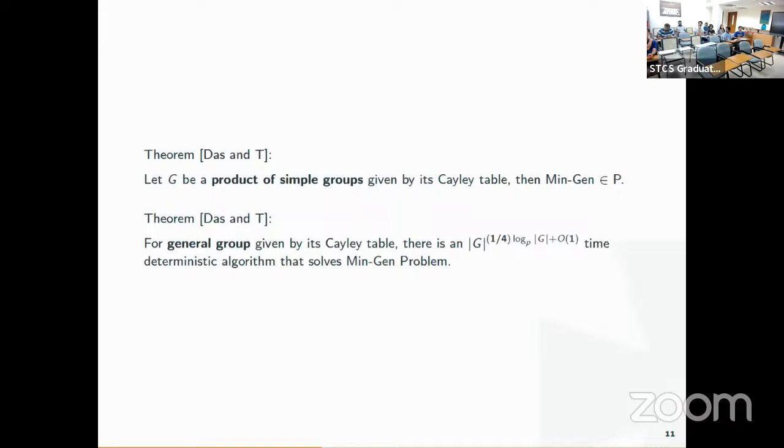Is it incomparable? What is the connection? I don't understand the question explicitly, but we cannot say that our result will answer the nilpotent group result, because this is just a product of simple groups. Okay, so the previous result is not a corollary of your first theorem. Yeah, it is not a corollary.